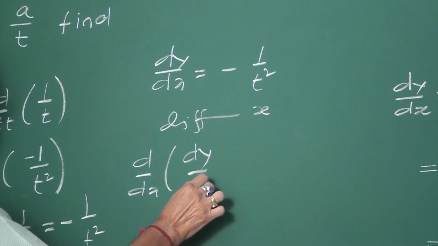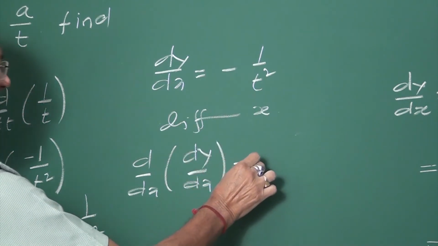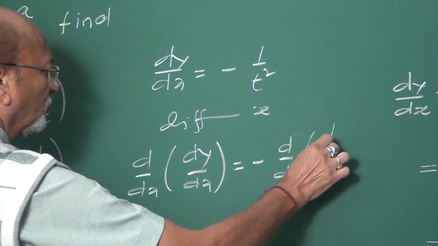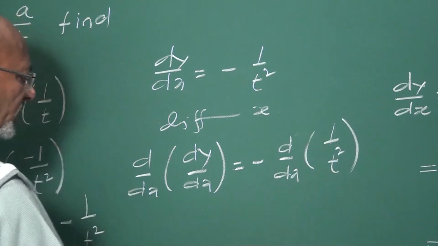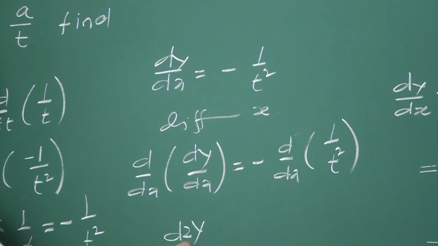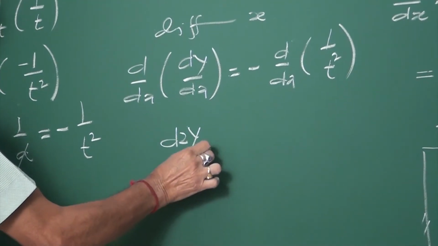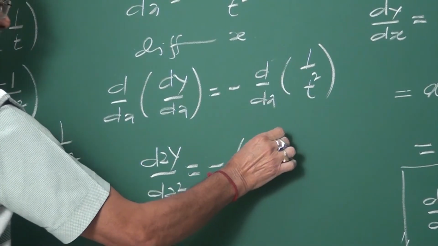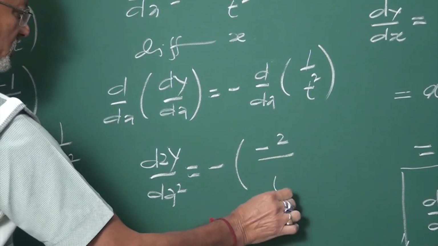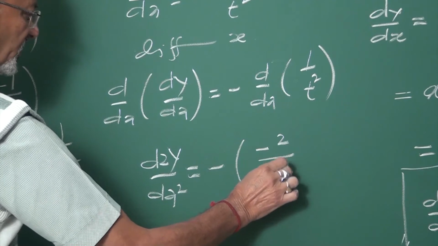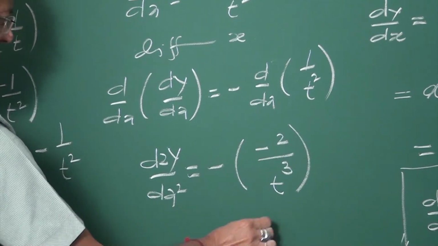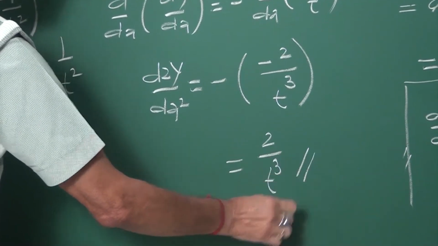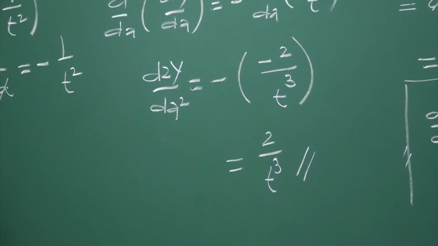First derivative. This is minus d by dx of 1 by t square. Second derivative, my friends, explained. Symbol minus, you know it. Sign change: minus n upon t to the power n plus 1. What is it? It is minus of minus t cube. My friends, it is the second derivative.